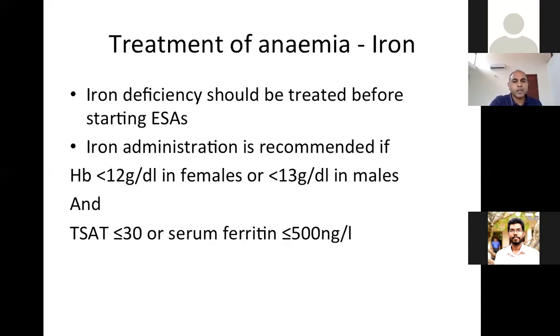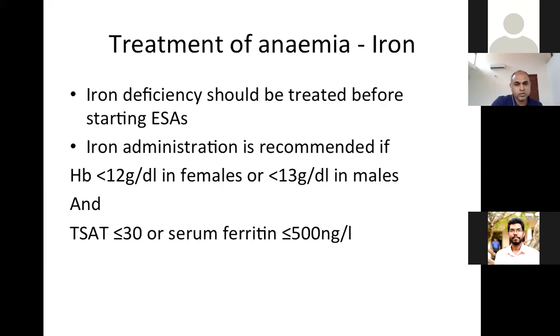And one of the important things about treating anemia in CKD patients is first checking whether the patient has iron deficiency. So you can use various tests such as serum ferritin, transferrin saturation, and so forth. But in CKD, sometimes assessment of the iron status can be difficult.